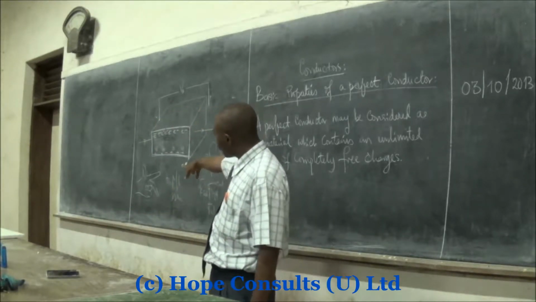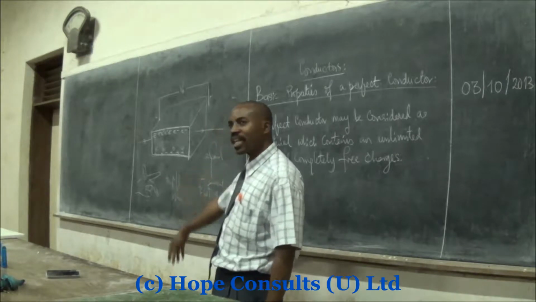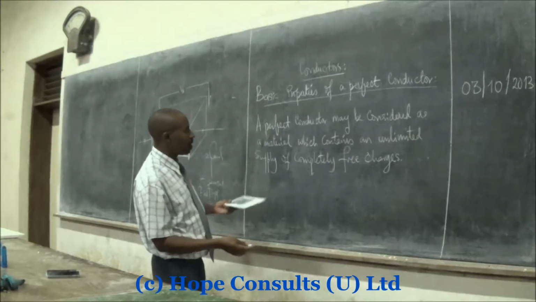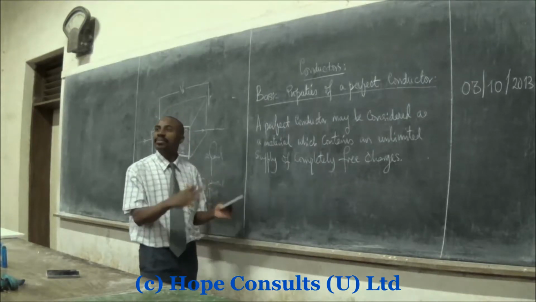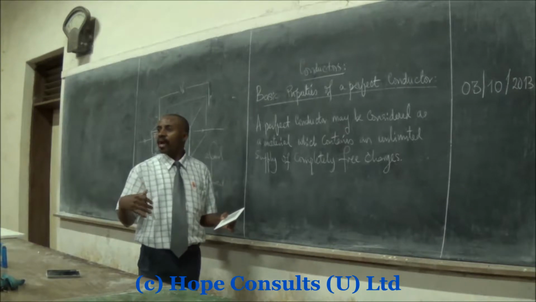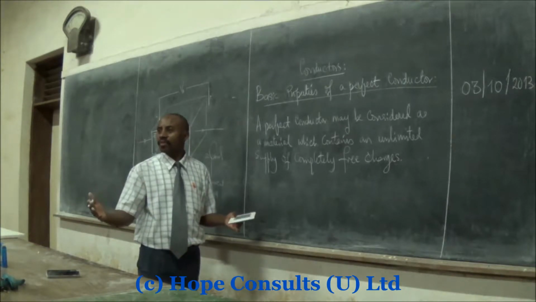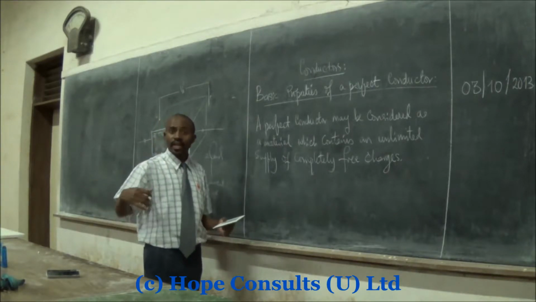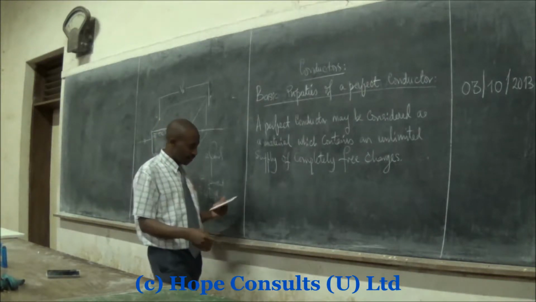But what happens in our heated up conductor is different. A conductor has an unlimited number of electrons, although they are off the hook, but they are enough to make sure that they are randomly moving around and they can transfer electricity or heat, whichever it is.